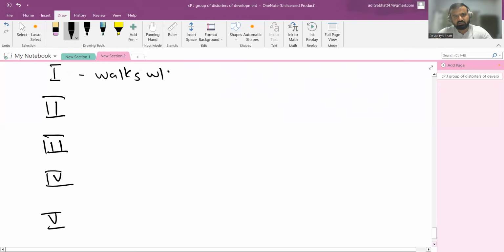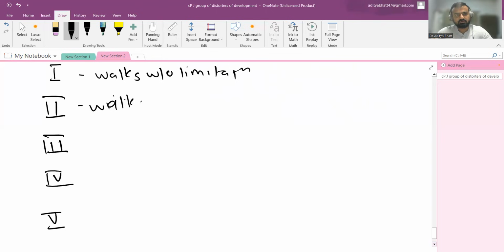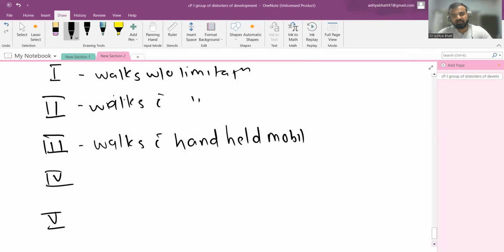Class 2 is walks with limitation. Class 3 is walks with a handheld mobility device.